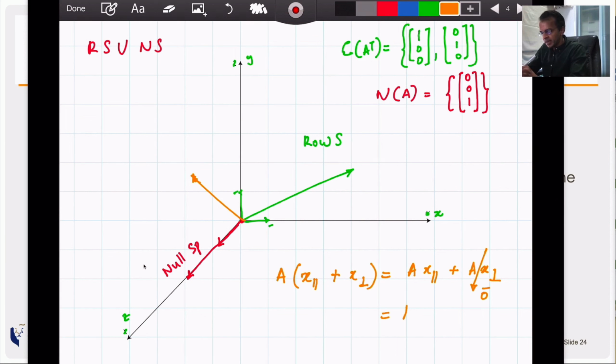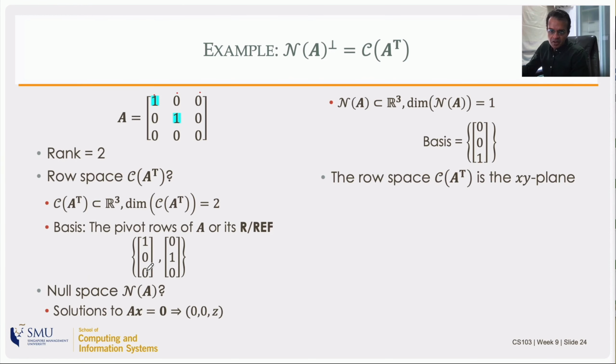In other words, take any non-zero vector in R3 and transform it using the matrix A. That will be a linear combination of the columns of A, which means this will go to my column space of A. So all vectors will go either to the 0 vector if it is in the null space, or go to the column space. So that's all I said.